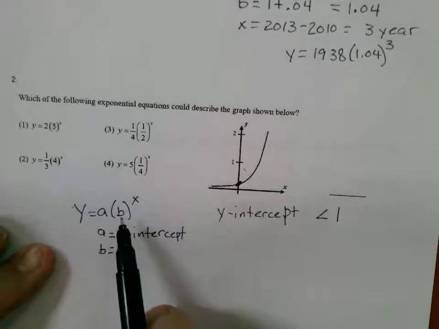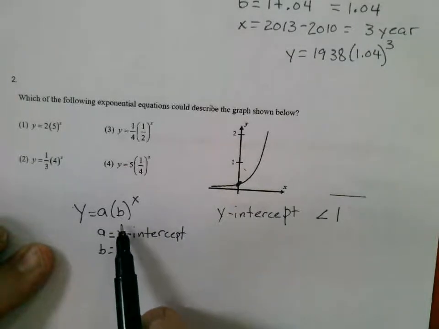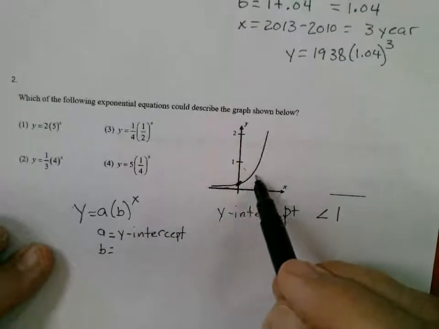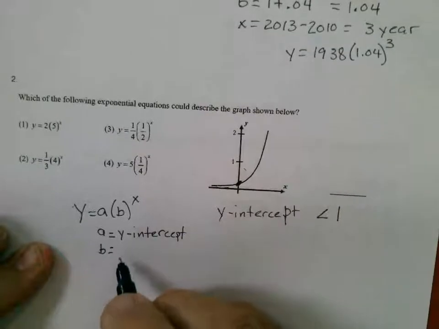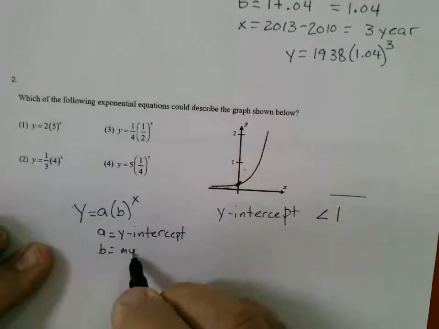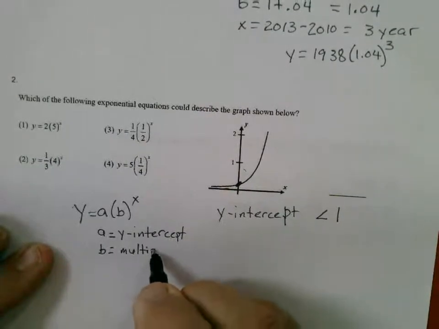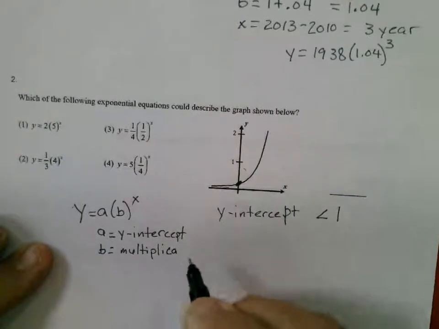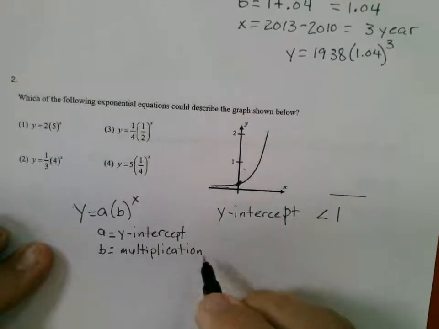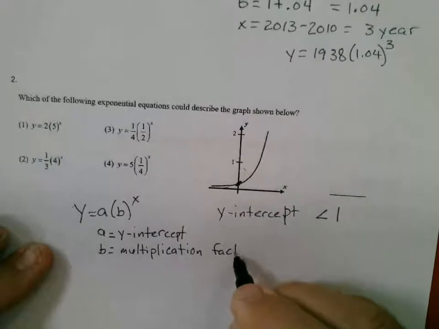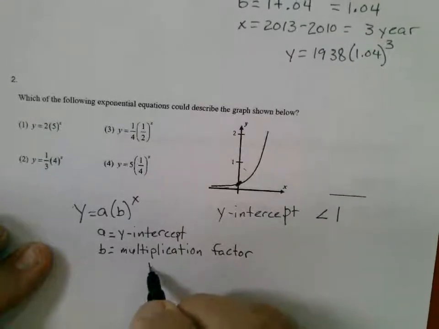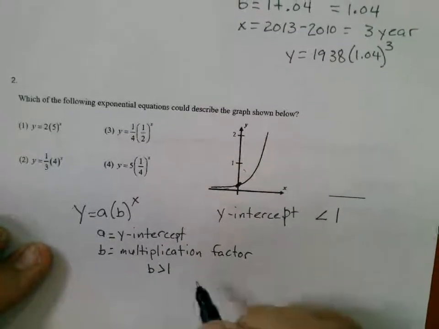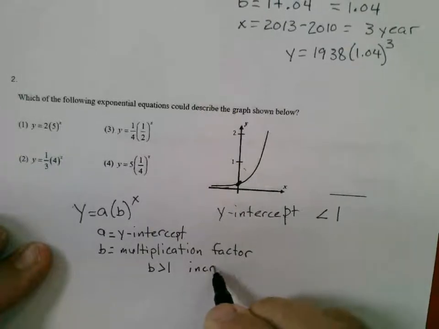B is the multiplication factor. So if it's increasing like this one is, this is the multiplication factor. In other words, it's going to be multiplied by this over and over again. That's why it's raised to a power. So if B is greater than 1, it's increasing.